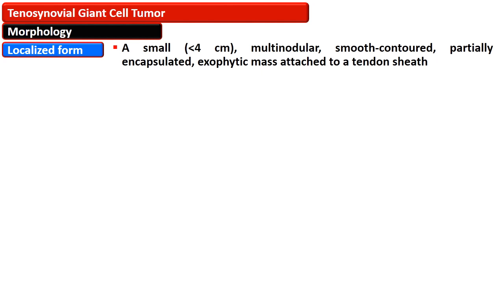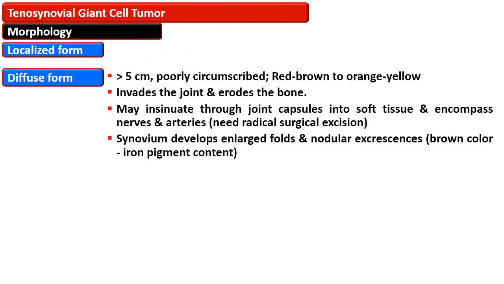The localized form of this synovial giant cell tumor is an exophytic mass attached to a tendon sheath, and this mass is small, usually less than 4 cm, multinodular, smooth contoured and partially encapsulated, while the diffuse form is more than 5 cm in measurement.